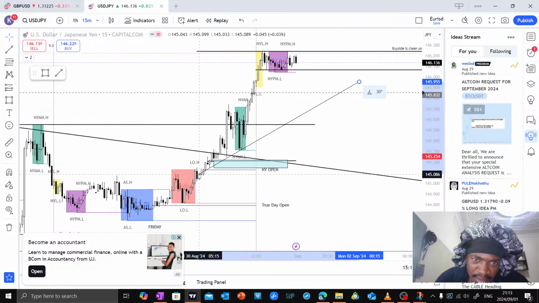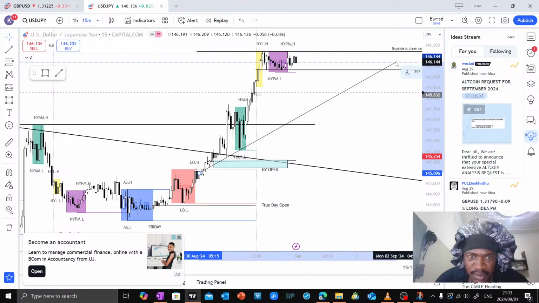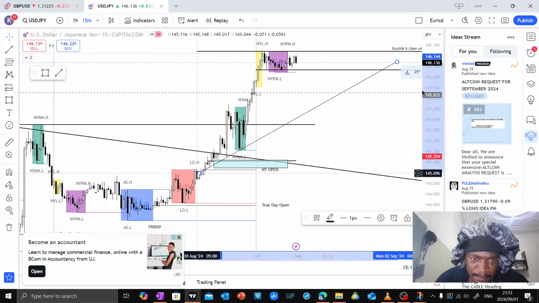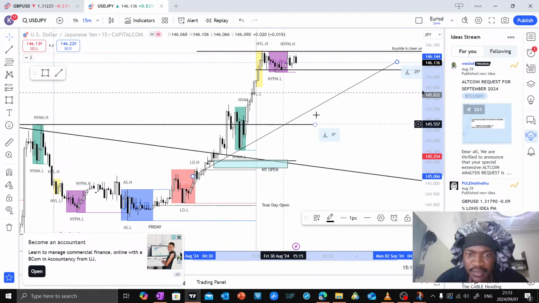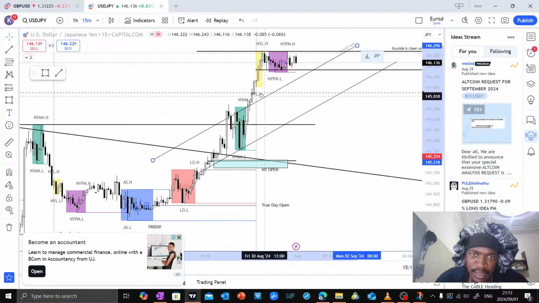With that parallel section pushing to the upside like that, this is like a rate of change. We just want to see how quickly we're gonna cut through.